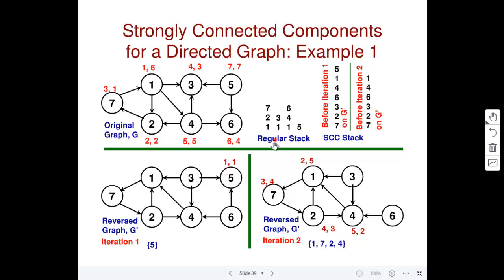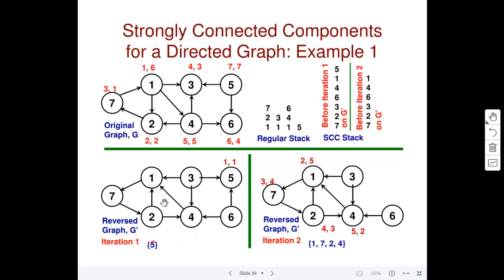So push 5 to the stack. Now from 5 you cannot go anywhere else in this reverse graph. So that means you have to right away pop out vertex 5. That's the first vertex we popped out of the stack. And also from the SCC stack, when you start depth first search, you should pop out the vertex. So after this instance of depth first search, we have the SCC stack looking like this.